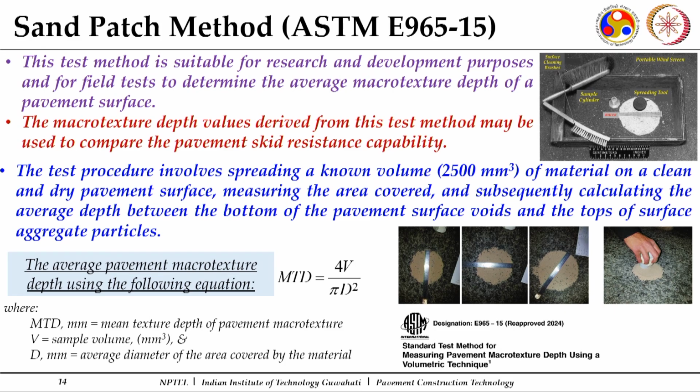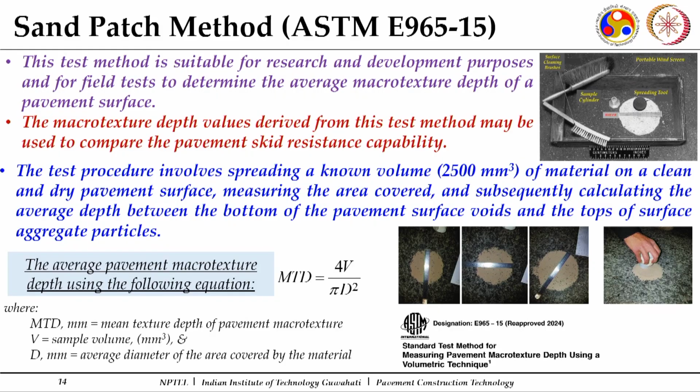Now, in the sand patch method, as I mentioned, the micro texture and the macro texture play an important role. The macro texture is the one where the surface irregularities are derived specifically from the gradation. This test, the sand patch method, is suitable for research and to determine the average macro texture depth of a surface, because this is an important aspect.